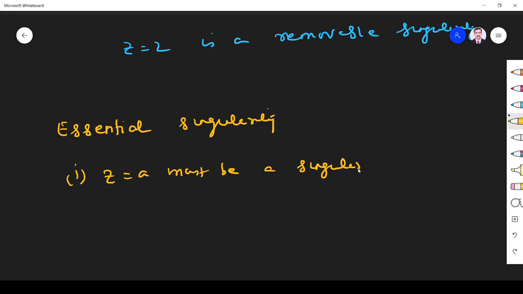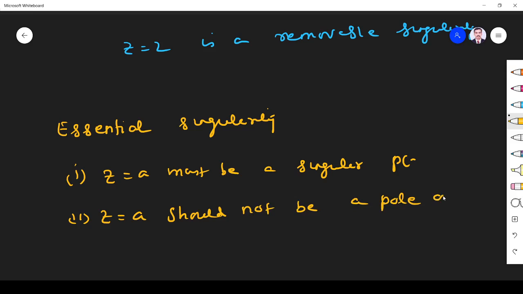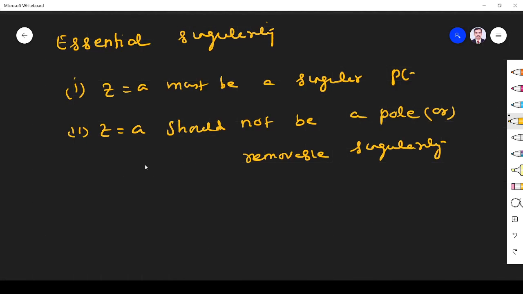Second condition, z is equal to a should not be a pole. It must only be a singular point. It should not be a pole, or it must not be a removable singularity. Right? Okay. Already I have given the example. Your point must be singular, but it should not be a pole.